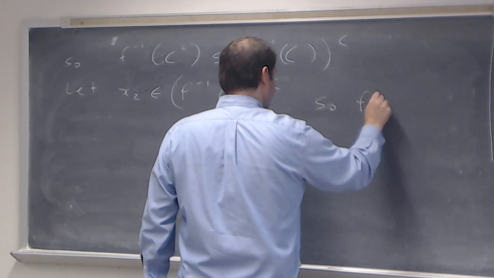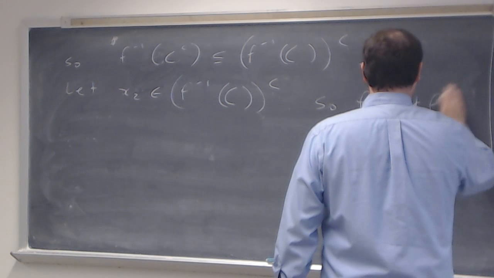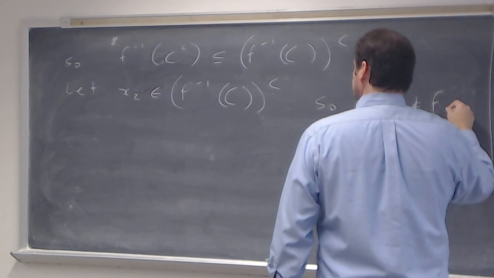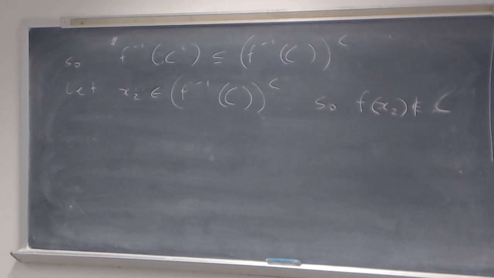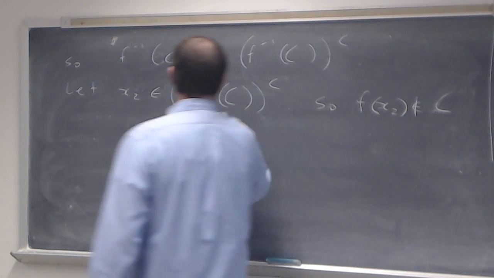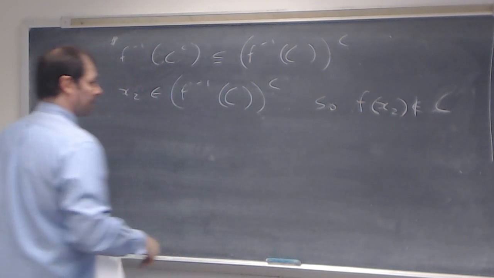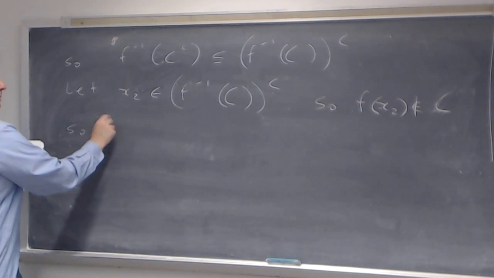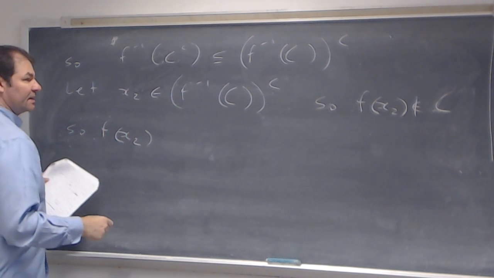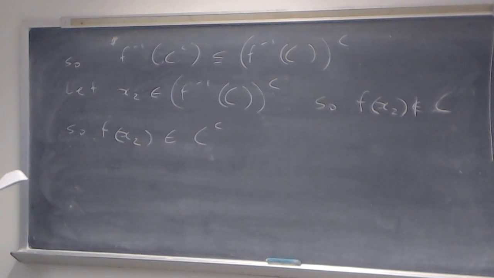So what that means is that F of x sub 2 is not an element of C. So if it were an element of C, then x sub 2 would be an element of the inverse image of C. It's not. So F of x sub 2, where does it live? If it's not in C, it's got to be an element of C complement.